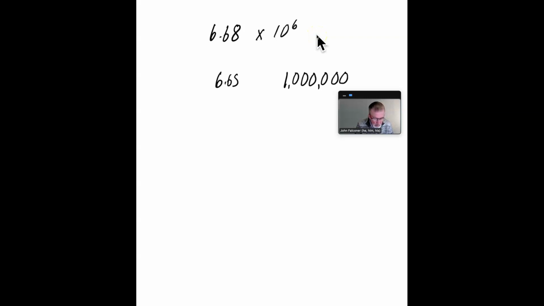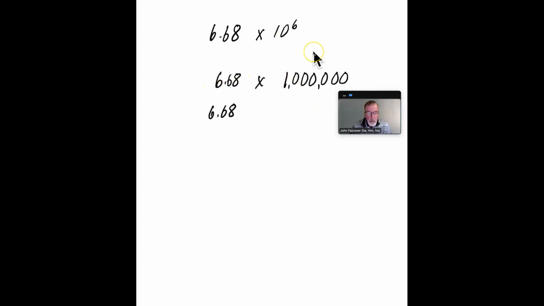6.68 times 1 million. And I think you all know the shortcut. When you multiply by 10 or 100, you can add a 0. So in this case, because we have decimal places, instead of just adding zeros, we're going to think of it as moving decimal places. So let's write down 6.68, and we have to move 6 decimal places, which are represented by this 6.